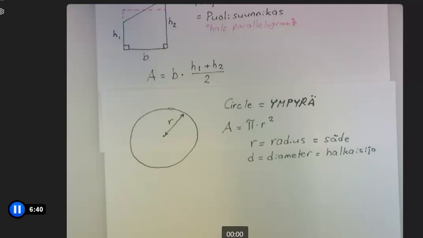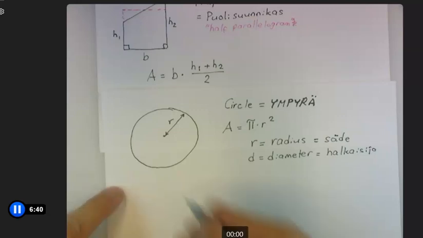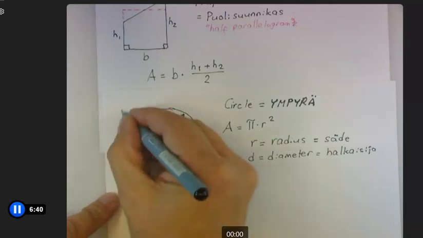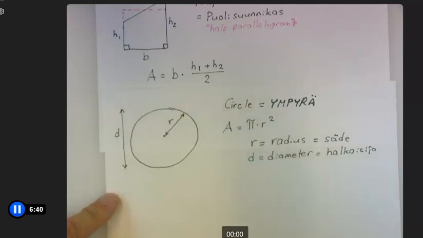Halkaista means to cut. For example, I want to warm myself with wooden blocks. I cut those in parts, so it is called halkaista, to divide in parts. So in this case, the D would be this measure here.